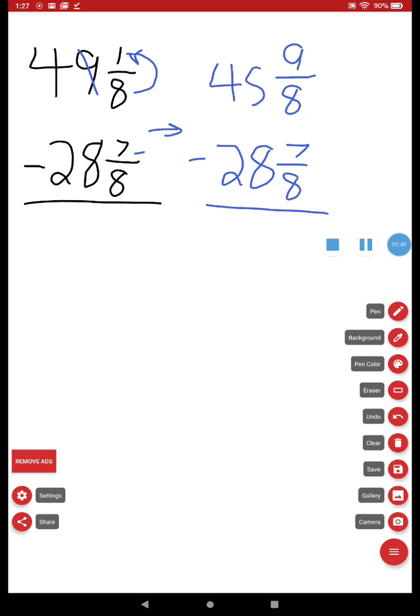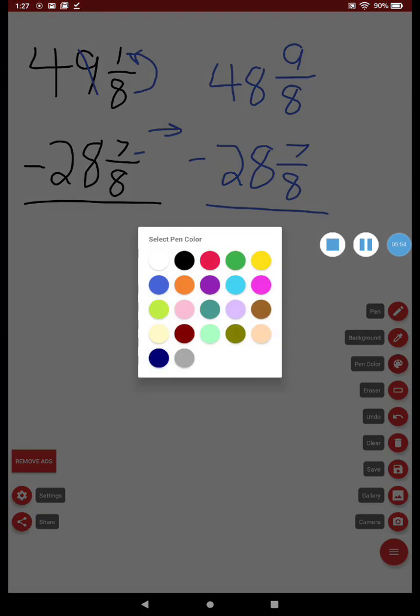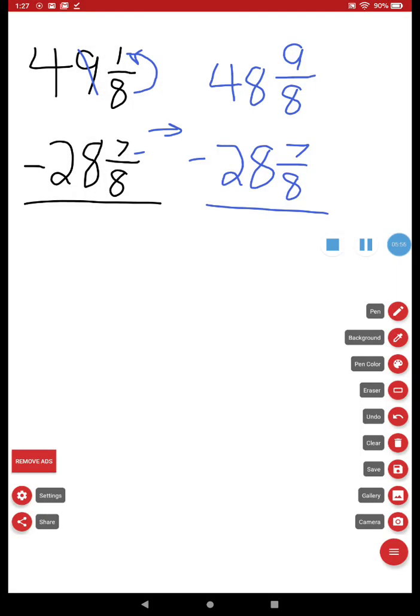Now that I've regrouped and my top numerator is bigger than my bottom numerator, I can go ahead and subtract. 8ths is going to stay as my denominator. 9 take away 7 gets me 2. 48 take away 28 gets me 20. 20 and 2/8 is not simplified.